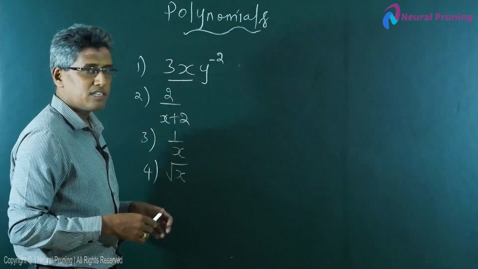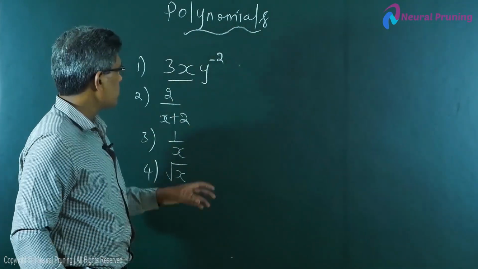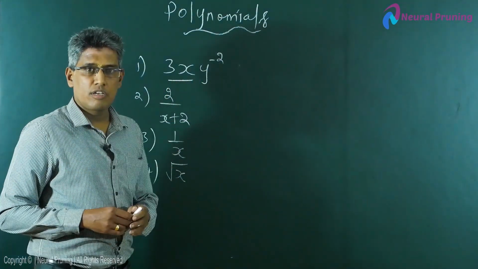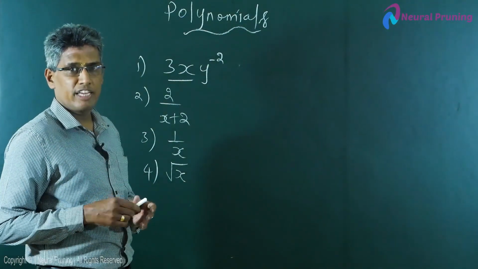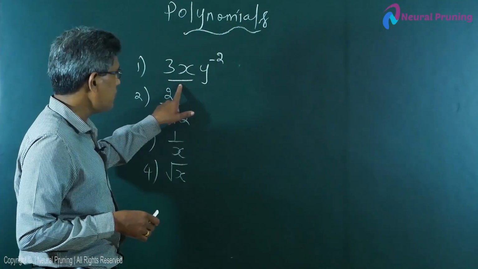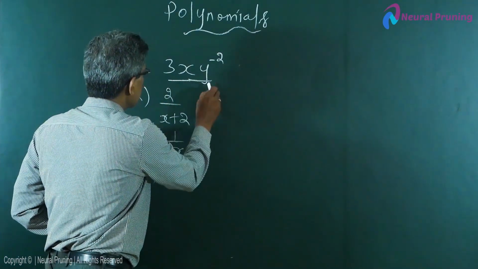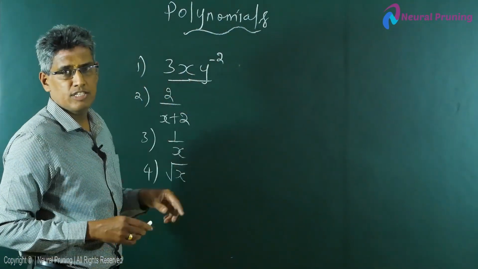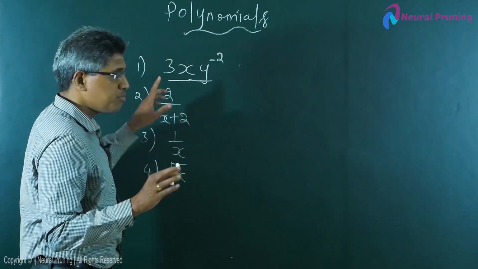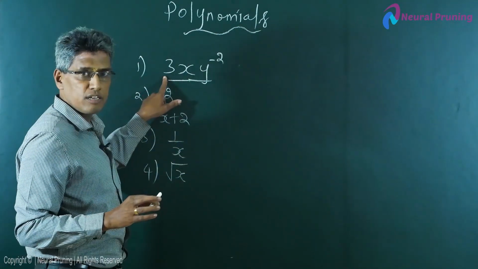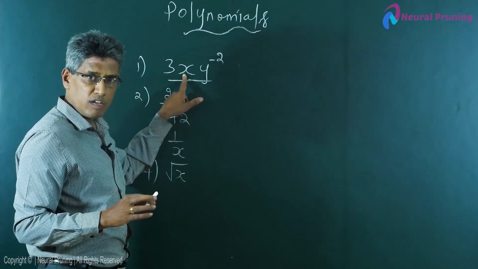So, I have listed 4 such examples. Now, 3x into y raised to the power minus 2. In this particular term, you have 2 variables x and y. Absolutely no problems with the coefficient 3 with the variable x.